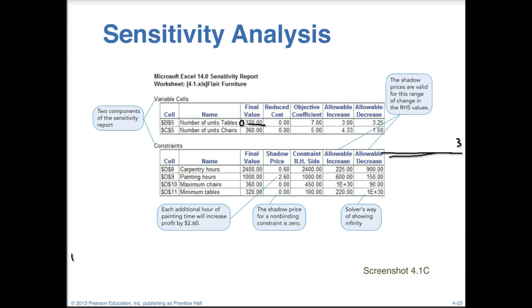Now, if you want to make those tables, then there's going to be a minimum cost that you're going to have to give up in your profit to be able to produce those tables. So let's say that particular cost was $2.